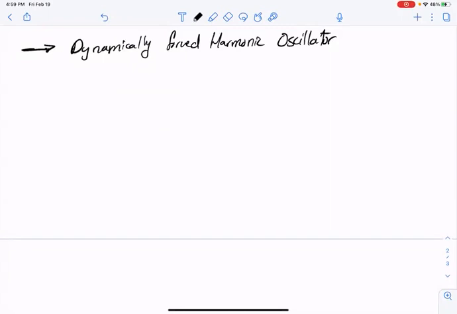What I mean by that is a system for which the Hamiltonian, the object whose gradients give us the equations of motion, a la Hamilton's equations, takes the form of 1/2 m x dot squared plus 1/2 m omega squared x squared.